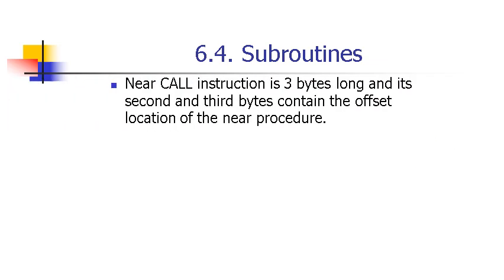Okay, this is why your near call is a 3 byte long instruction. The second and third bytes are used to modify your IP.